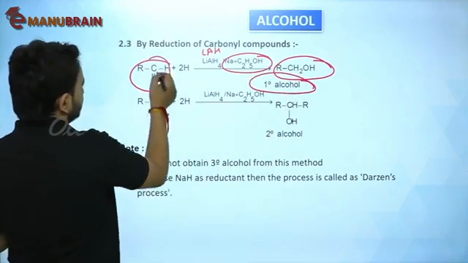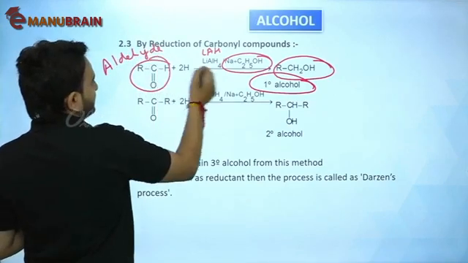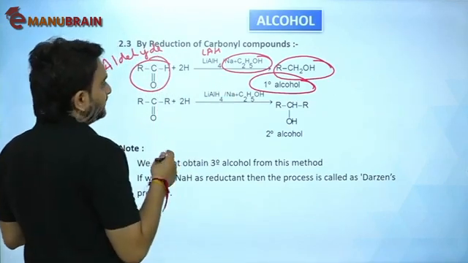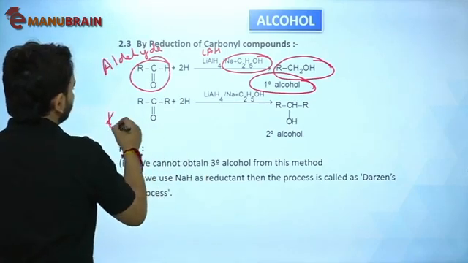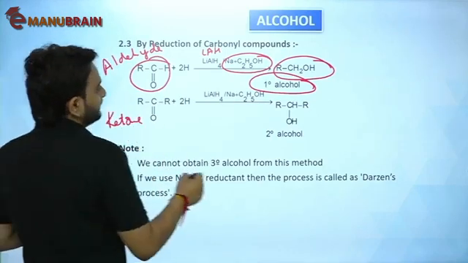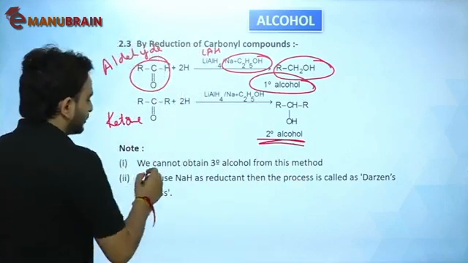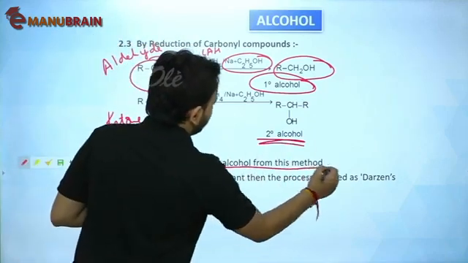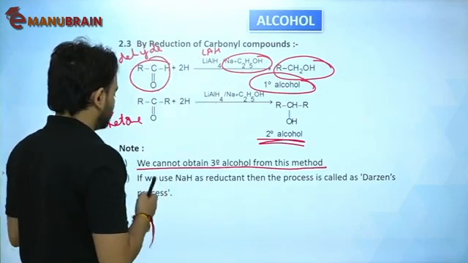Similarly, when an aldehyde is treated with LAH in the presence of Na plus C2H5OH, it will give you a 1 degree alcohol. When a ketone is treated, it will give you a 2 degree alcohol. Now, to note over here, we cannot obtain a 3 degree alcohol through this method.